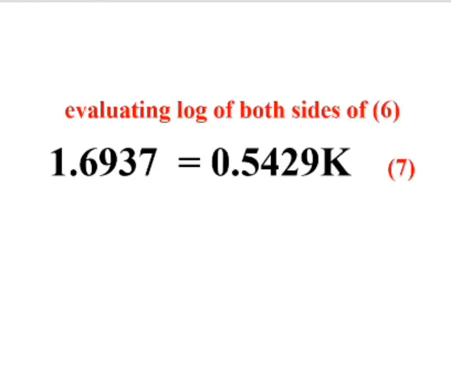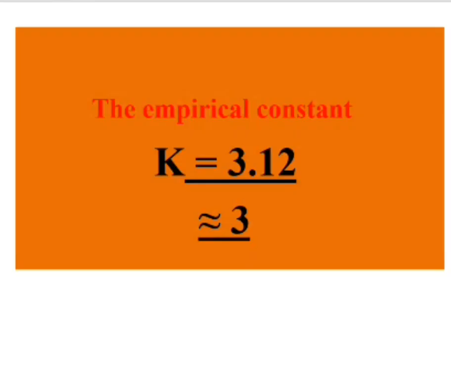Now, when we evaluate the log of both sides, we're going to have 1.6937 equal to 0.5429 k. And invariably, k can be calculated as approximately 3.